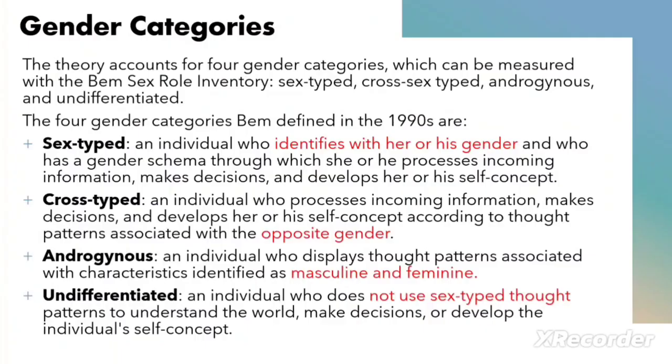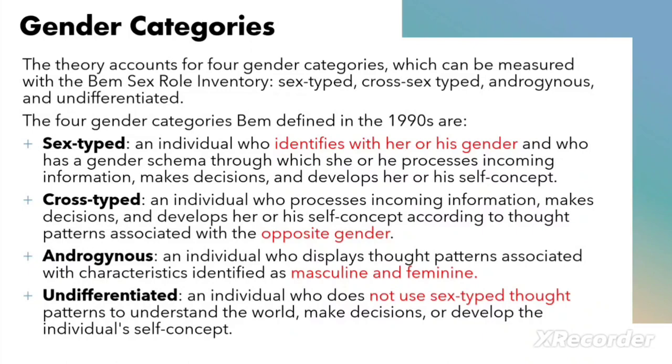Depending upon the choices, different gender categories are formed. Let's see the types: sex typed, cross sex typed, androgynous, and undifferentiated. In sex typed, the individual identifies themselves as his gender or her gender, and develops their own self concept accordingly.